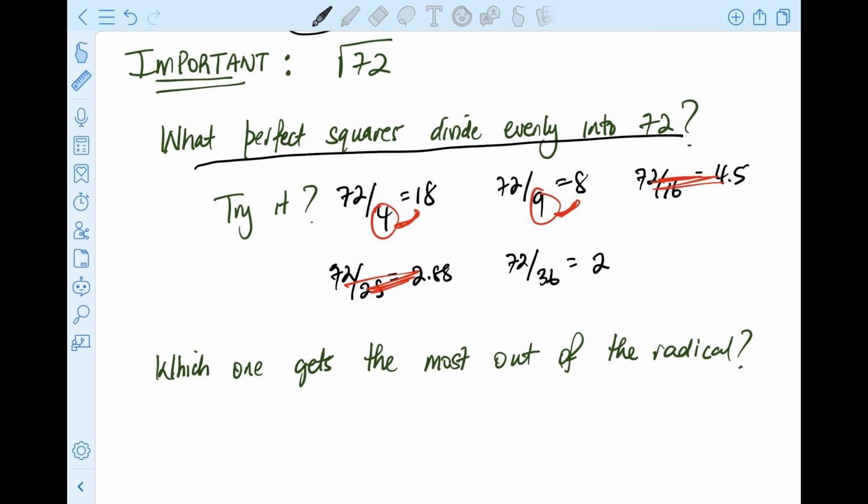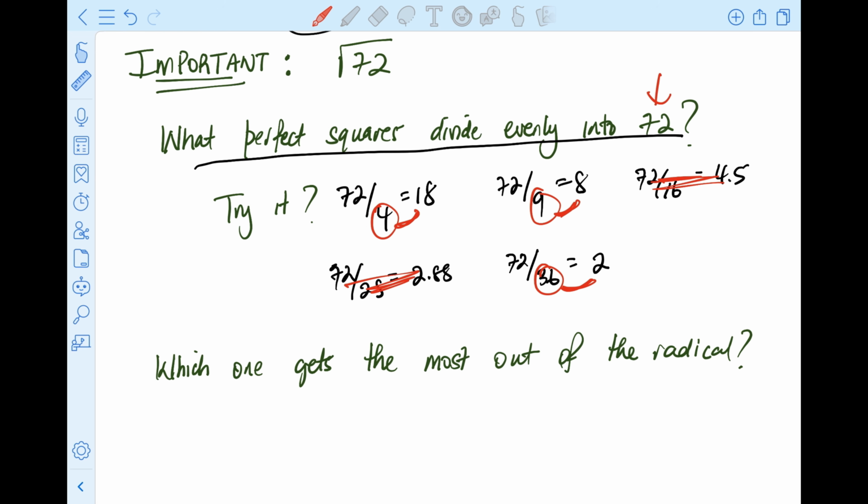So obviously, you realize that if I pass the halfway point of the number, then I can stop there. So we've recognized that 36 also works, okay? Now, we have 3 perfect squares that divide evenly into 72.